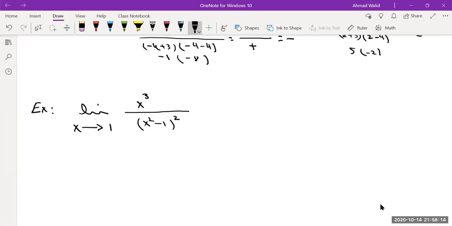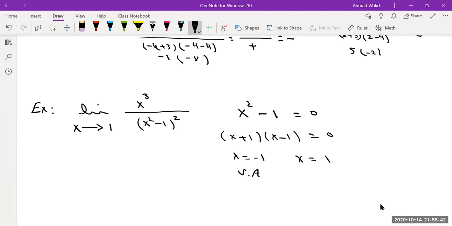If they ask you to find this limit, the best way is, okay, where are my vertical asymptotes? It means I'll set my denominator equal to 0. (x plus 1) times (x minus 1) equals 0, right? From here, x equals negative 1. From here, x equals 1. I have a vertical asymptote at x equals negative 1, and another vertical asymptote at x equals 1.